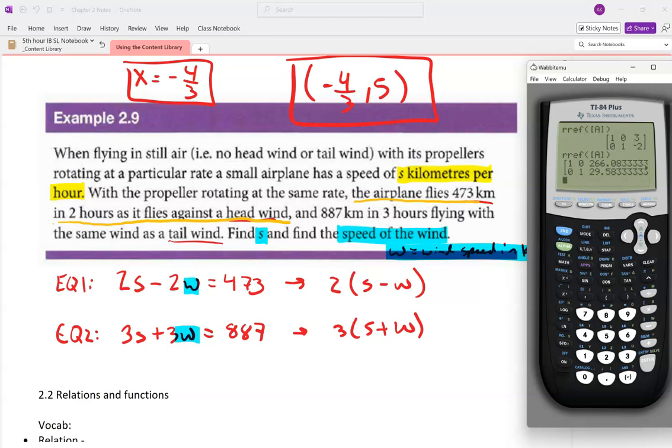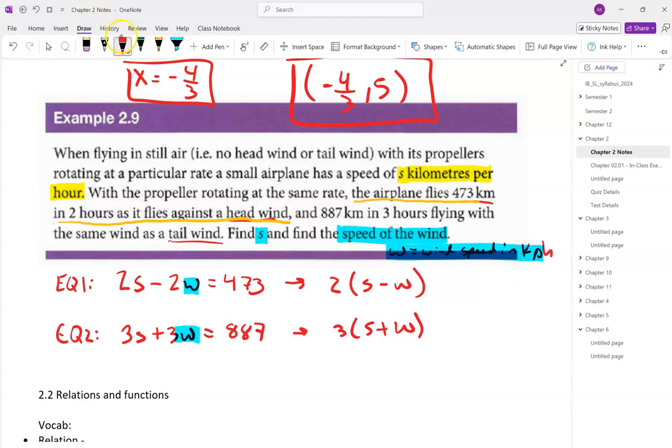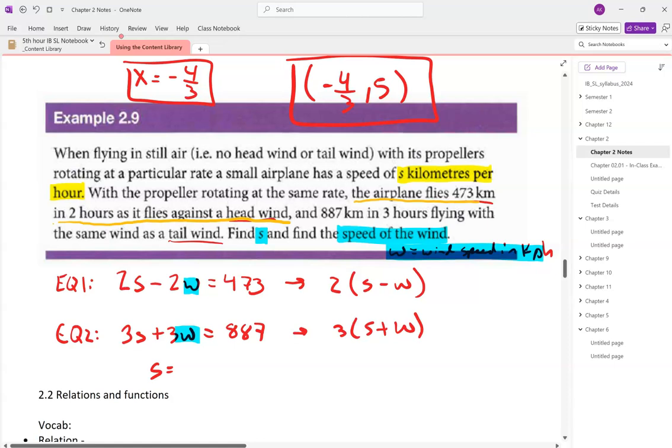If I round this to 3 sig figs, what's my answer for S? It's 266. What's my answer for W? 29.6. 3 sig figs. I'm going to tell you right now on this test, I'm going to grade you down if you're not doing your sig figs right. Oh no!